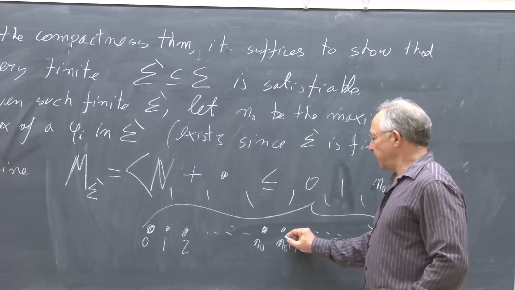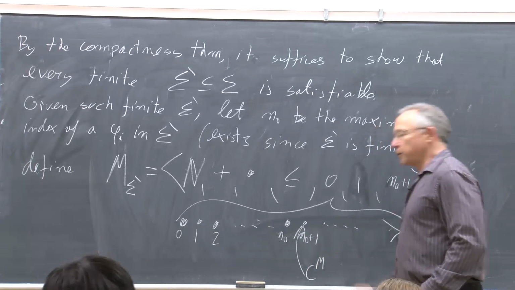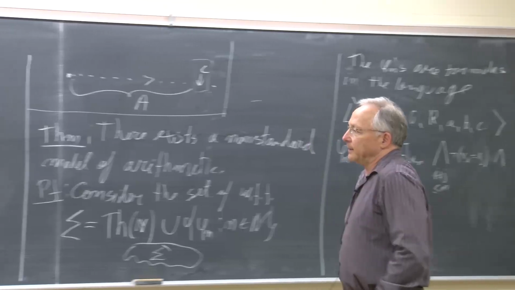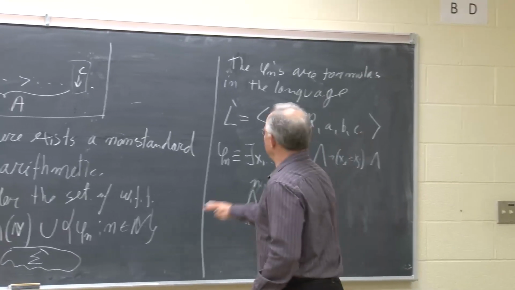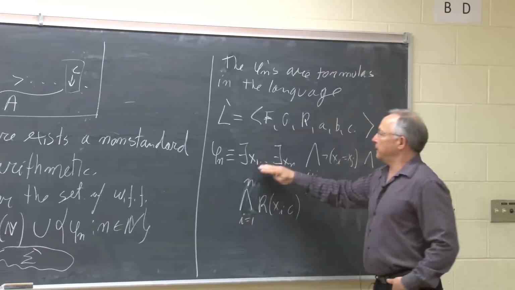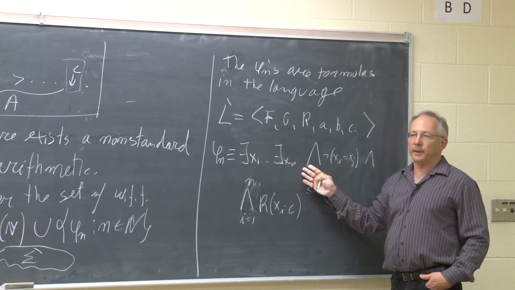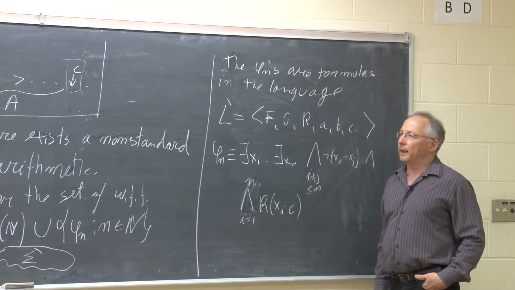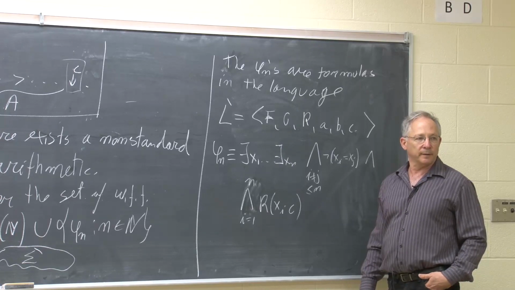I just say, OK, let's say this guy is the interpretation of C. If this guy is the interpretation of C, it satisfies all of those formulas that say there exist at least so many x's below me, because I picked this number to be far enough to overcome all the finite requirements that are in sigma prime.